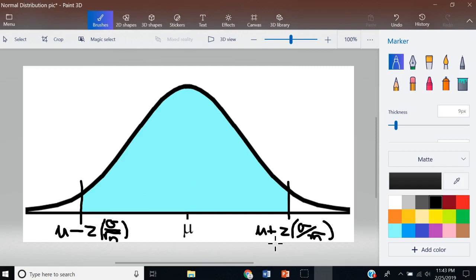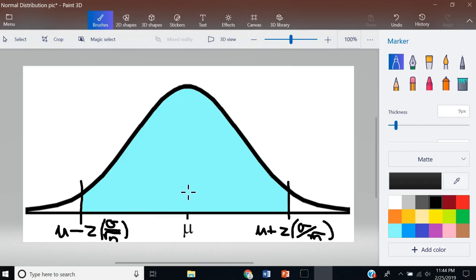So that's what's happening. Now, if you think about it, middle 95%, we can find how many standard deviations we have to jump back. We can find this z value. And we'll do that in just a moment.